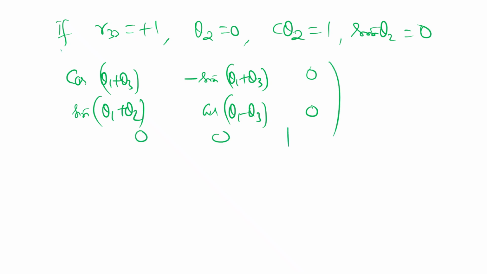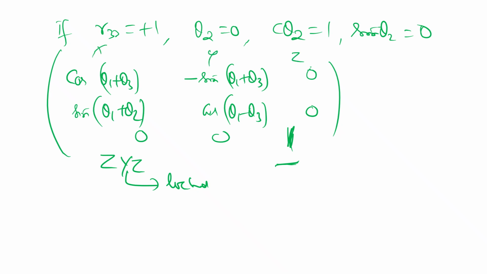So what did you understand from this? Again, which one is locked? The combination is Z, Y, Z, so your Y is locked. Theta 2 is locked. But you have X axis, Y axis, or Z axis, or I can say the current frame is NOA.